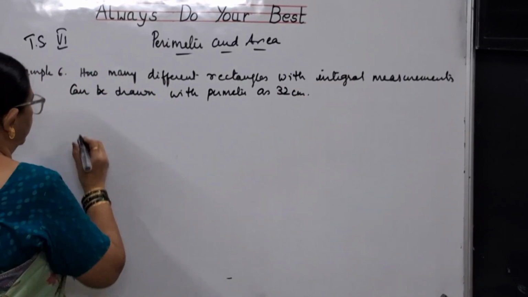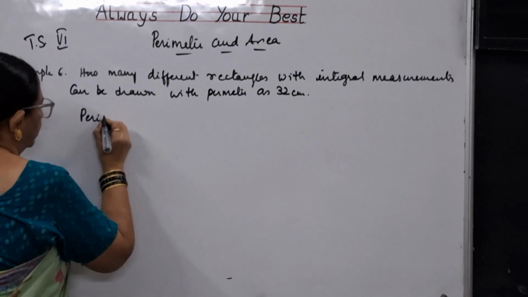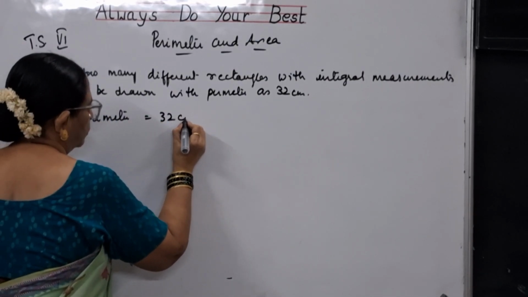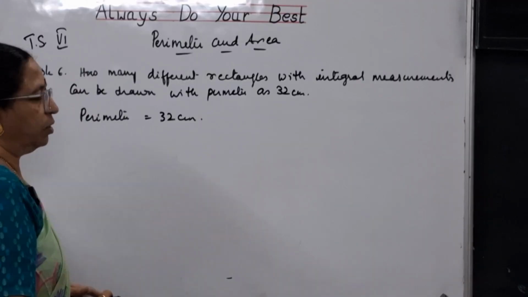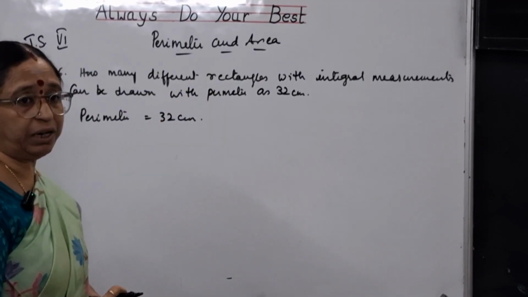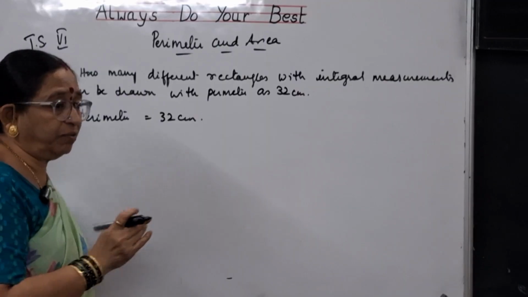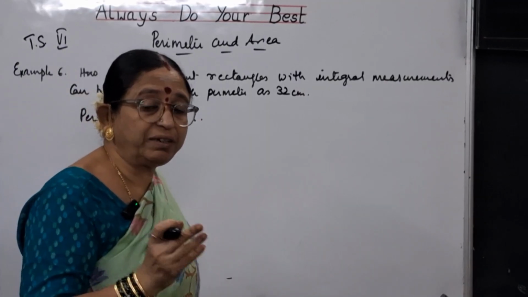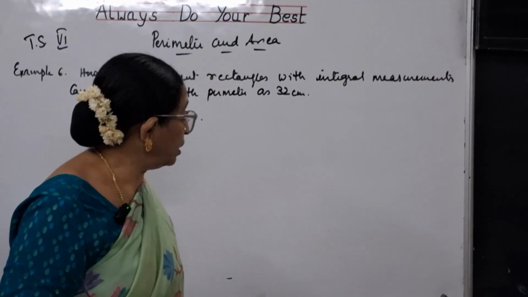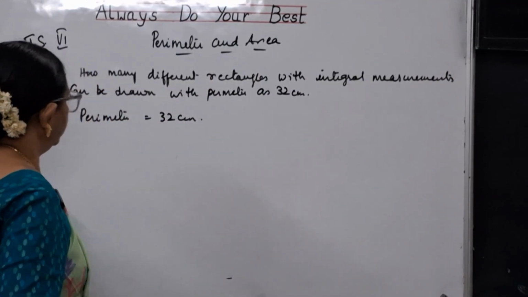The question is, they have given the perimeter as 32 centimeters. Now the question is, how many rectangles you can make with integral measures, different measures of length and breadth, for perimeter 32 centimeters.